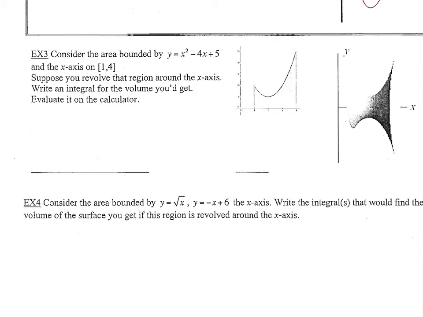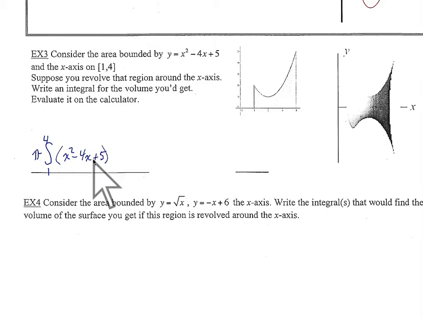The integral that we use to find this volume, we are going to take the integral from 1 to 4 of pi. I'm going to put the pi on the outside of the integral symbol. The function, which is telling us the radius at any given x. So this here is the radius.